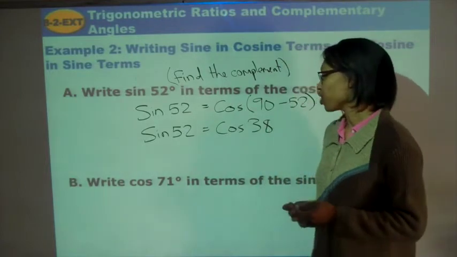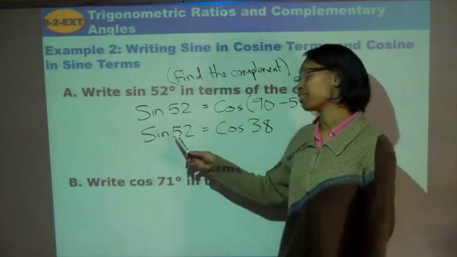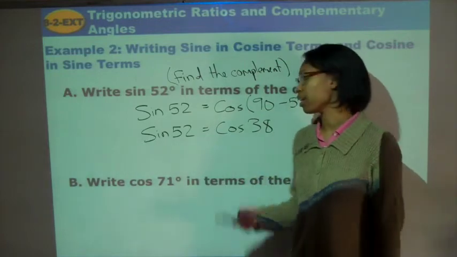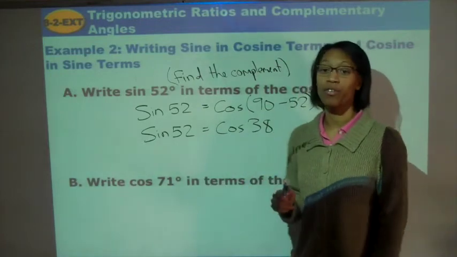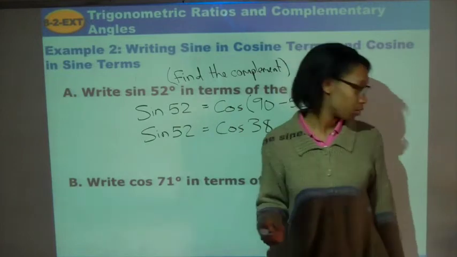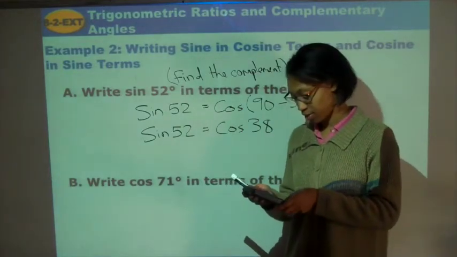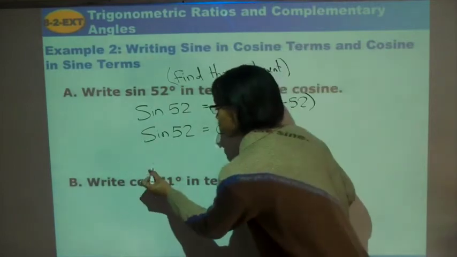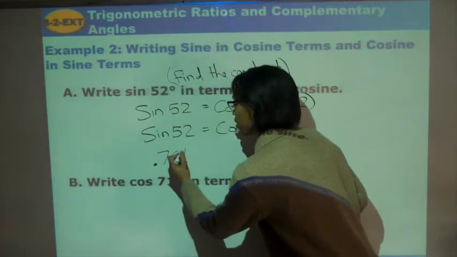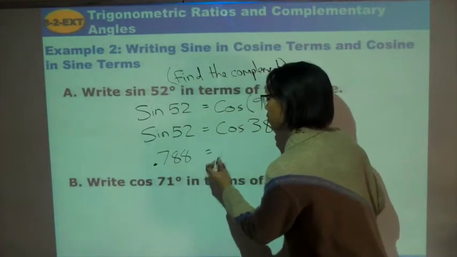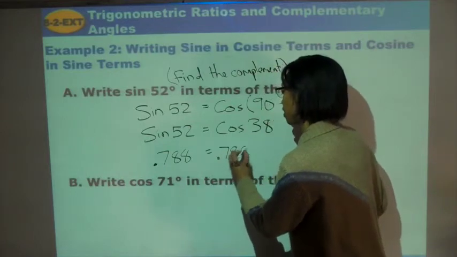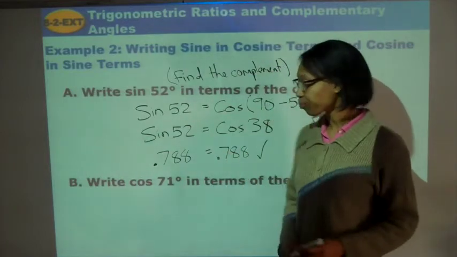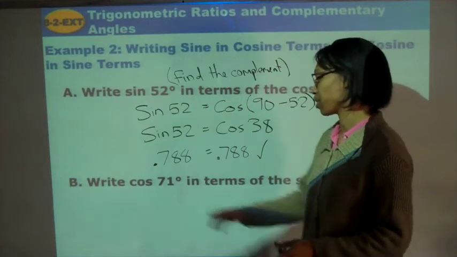If you wanted to check it, you could get out your calculator and put in sine of 52 and see what decimal you get, and put in cosine of 38, and you should get the same decimal. Sine 52 is 0.788, and when we do cosine of 38, we also get 0.788. So that's a check. Let's do the same thing with cosine.